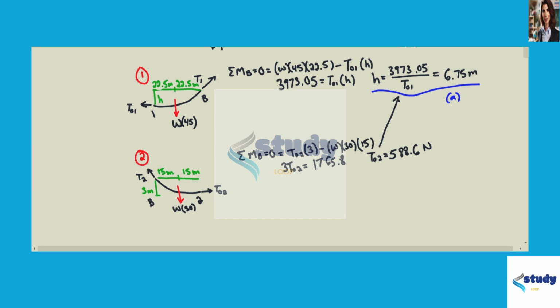Now we're going to solve for the maximum tension in both cables. We start with the sum of the forces in the x direction for cable 1.